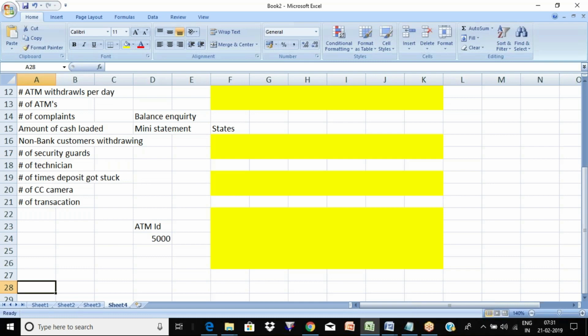How many customers entered that particular ATM to use it? But customer footfall will be considered in the branch. For an ATM, only based on the number of transactions we can consider, because a customer may enter the ATM but may not do any transaction. Will it be considered for the ATM?